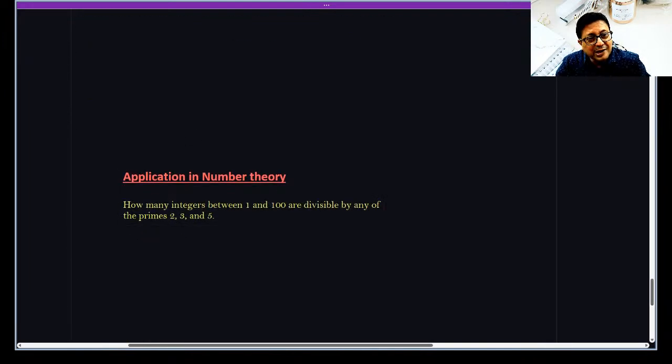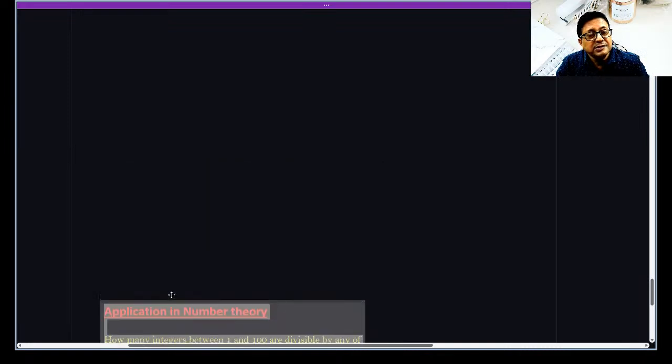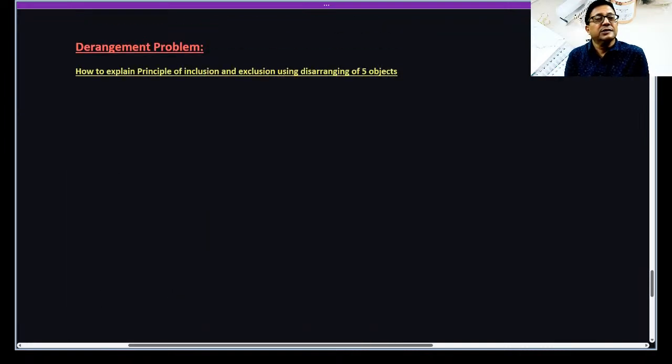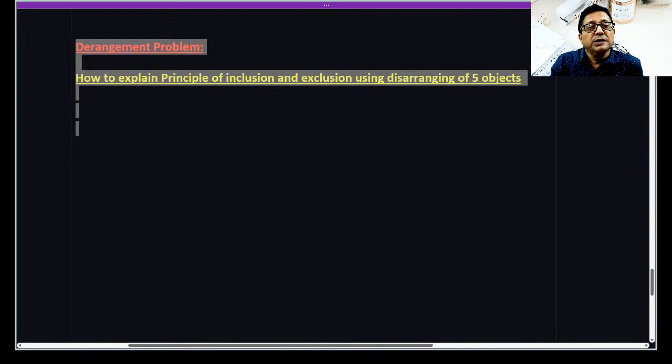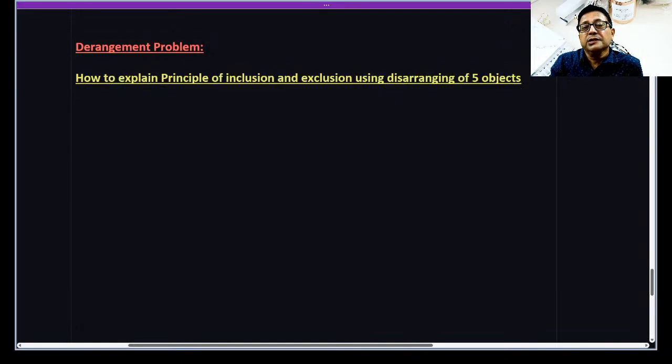Okay, what is that? See how easily it can be done with the help of PIE. It's very easy. This is just derangement of 5 objects. It can be done for 4 objects also.